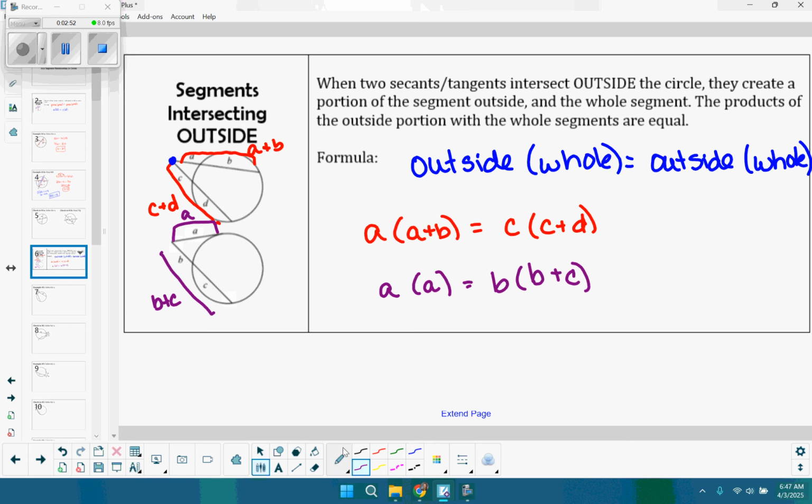The same thing is true for the second picture. The only thing that's different is for this segment, because it's tangent, the outside part is also the whole thing. So when I do outside times whole on this one, it's just going to be that times itself. That's okay.